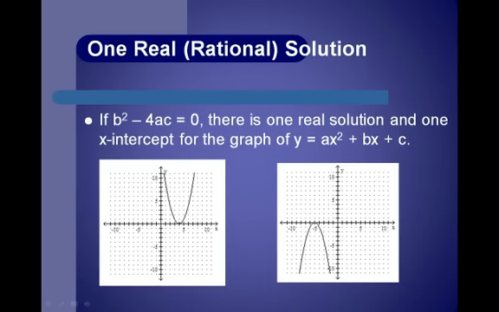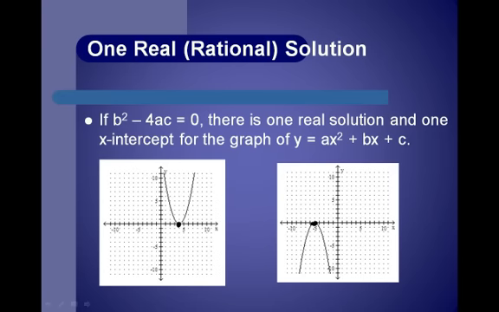If the b squared minus 4ac is 0, then what the graph looks like is it touches the x-axis in one place. So for this one, it could touch it down here at 4, or it could touch it back here at negative 5. But the point is, it only touches the x-axis in one place.